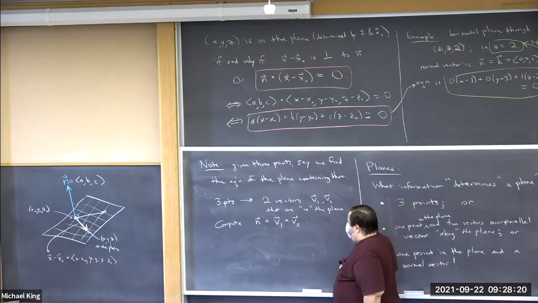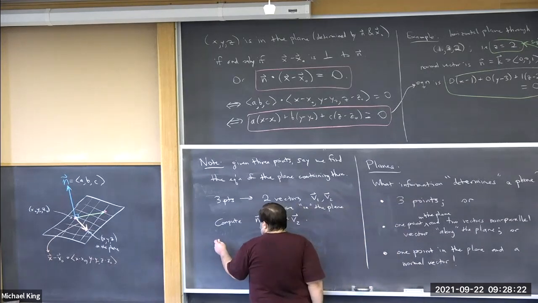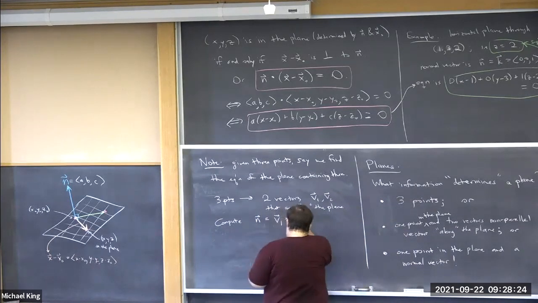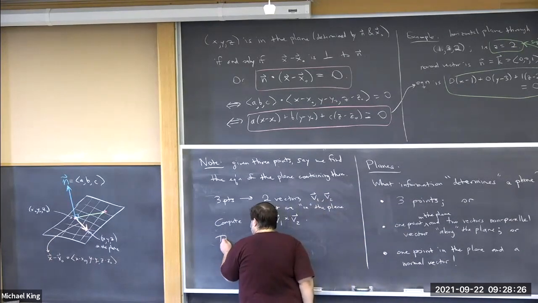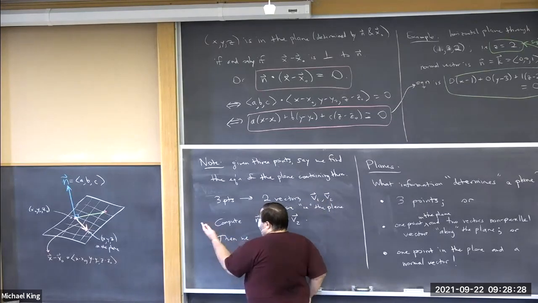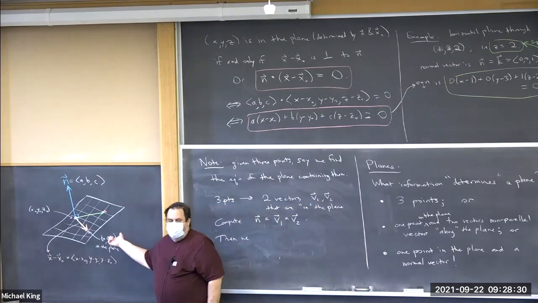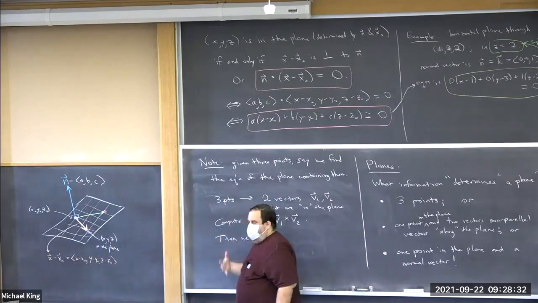And then if X naught, and then we can write down the equation. You can just pick any one of the points that we started with and use that as our point.